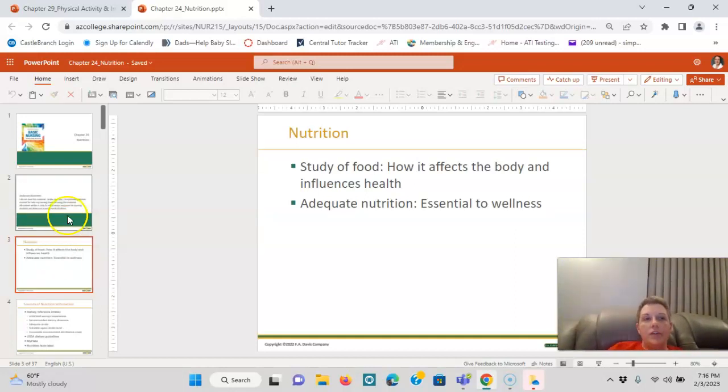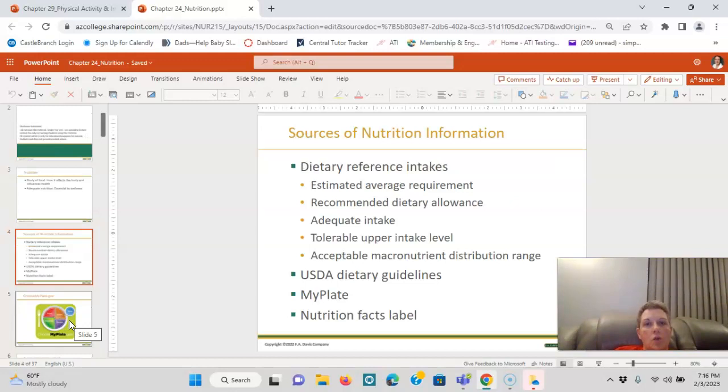So adequate nutrition is just as important as what you're eating, but what are we eating? How does it affect our health and our ability to heal and stuff? So sources of nutrition information. How do we find out about nutrition information? Typically, you turn whatever it is you're ready to eat over and you look at the label.